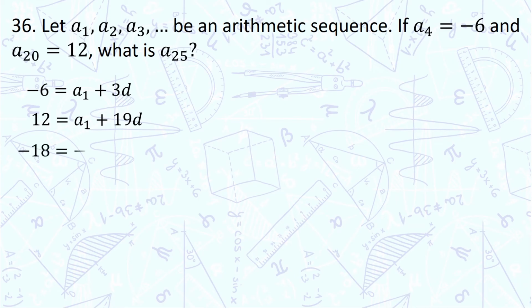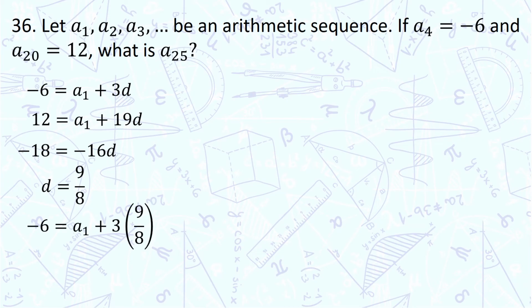Subtracting, we have negative 6 minus 12, negative 18. a sub 1 minus a sub 1, 0. 3d minus 19d is negative 16d. Therefore, d is equal to negative 18 over negative 16, simplified as 9/8. Let us solve for a sub 1 using the first equation. Negative 6 is equal to a sub 1 plus 3d.